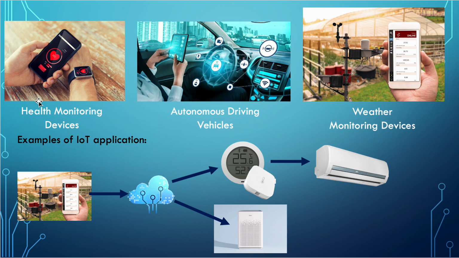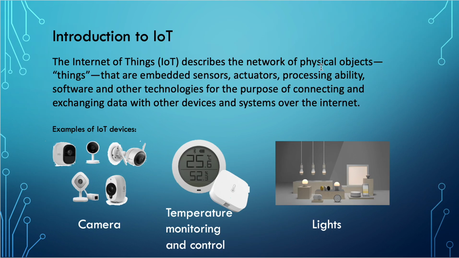So this smartwatch is also a good example of several sensors, processing units, software, and networking working together in an embedded environment to make an IoT device, a physical object which is connected to the network.